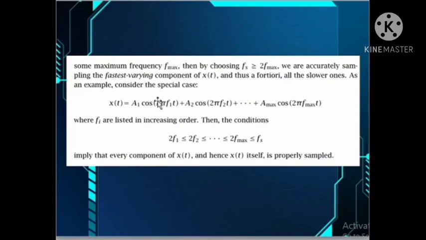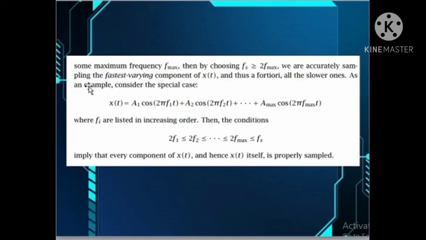As an example, consider the special case x(t) equals A1 cos 2 pi f1 t, and so on, where the f's are listed in increasing order. Then the conditions imply that every component of x(t), and hence x(t) itself, is properly sampled.